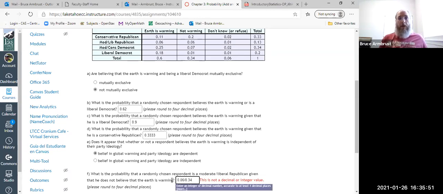There are 0.34 that believe in not warming, and of that, 0.06 are of the moderate/liberal Republican group. All right, so I did that division, and to 4 decimal places, I get 0.1765. So just about 17.5% are going to fall into that category.